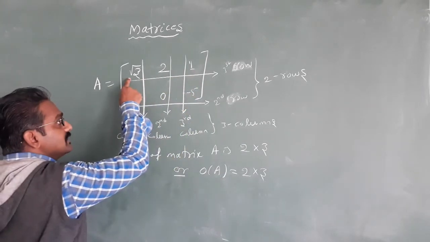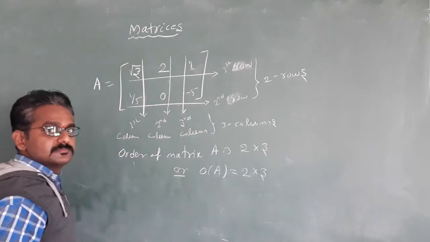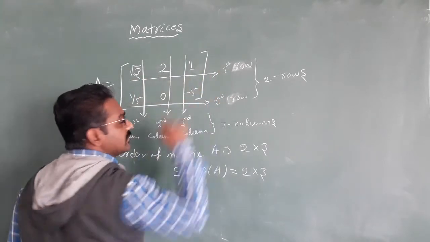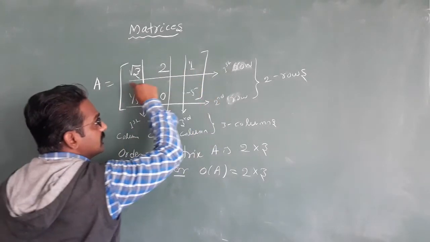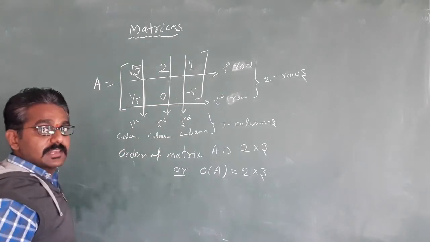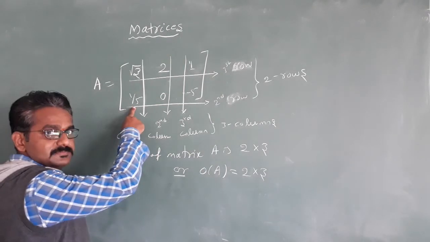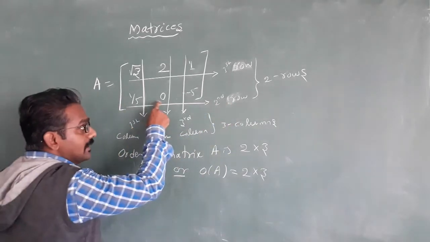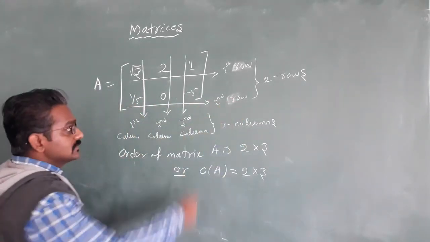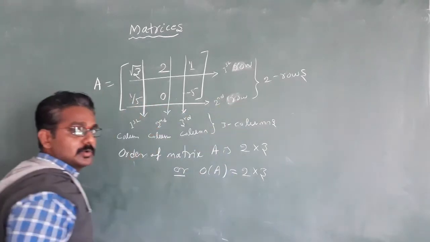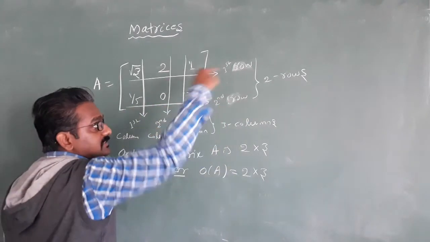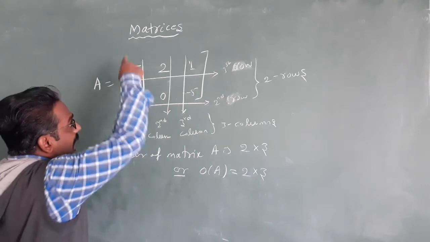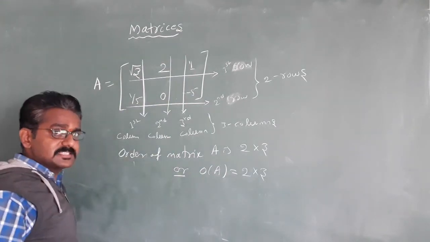This is the first element in the first row. This is the second element in the first row. This is the third element in the first row. Likewise, this is the first element in the second row, second element in the second row, third element in the second row, if I consider the rows.